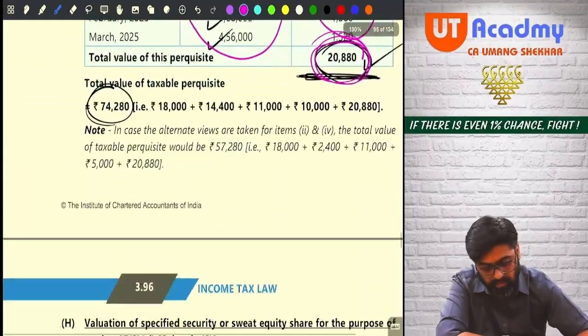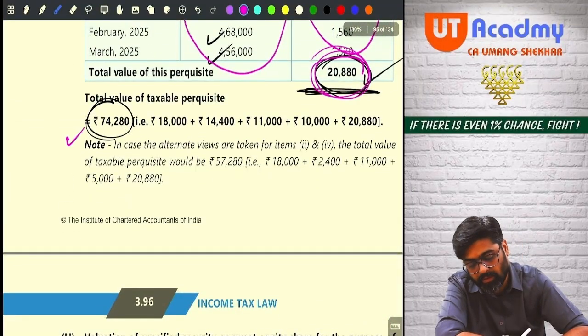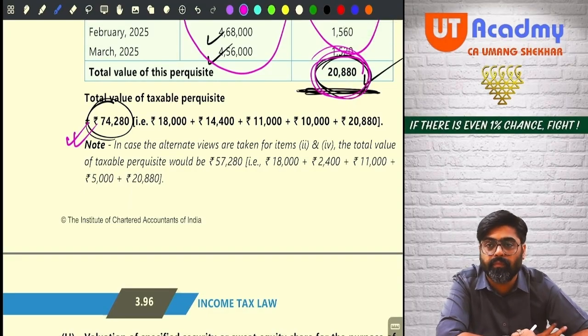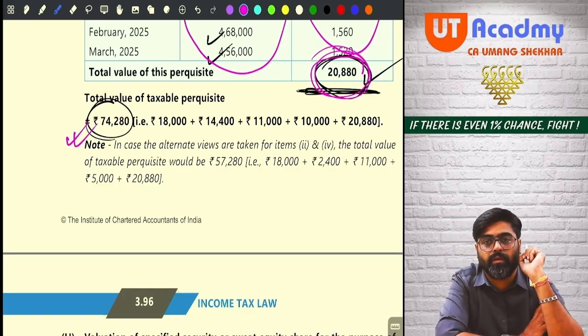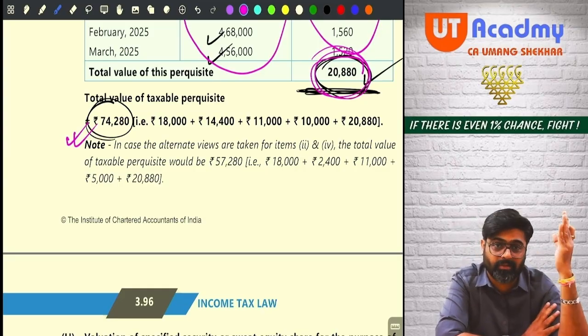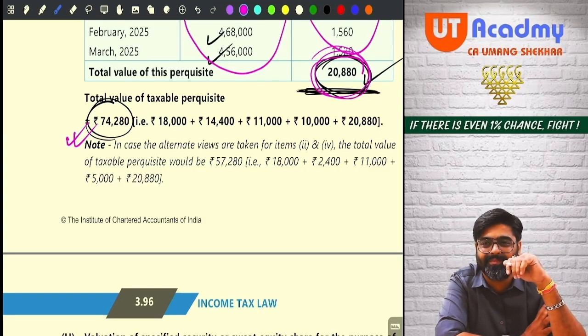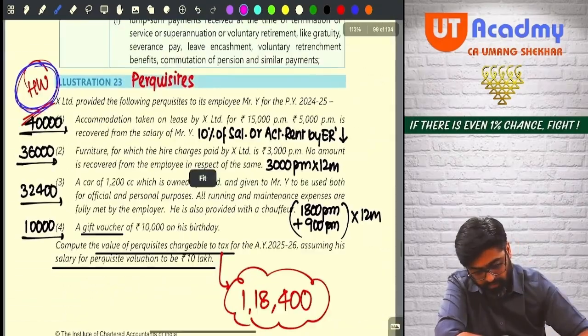What is the final amount? On your calculator, you must get 74,280. Are you all getting it? This is the taxable value of all the perquisites which he is receiving from his employer. So this amount will now be taxable under the head salary. Got it? Everyone? So 21 done.